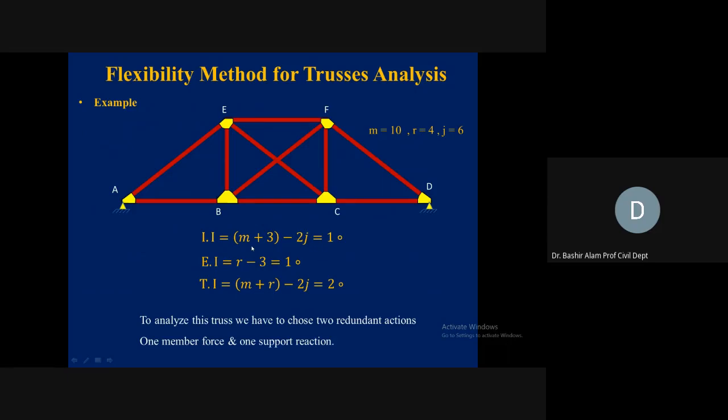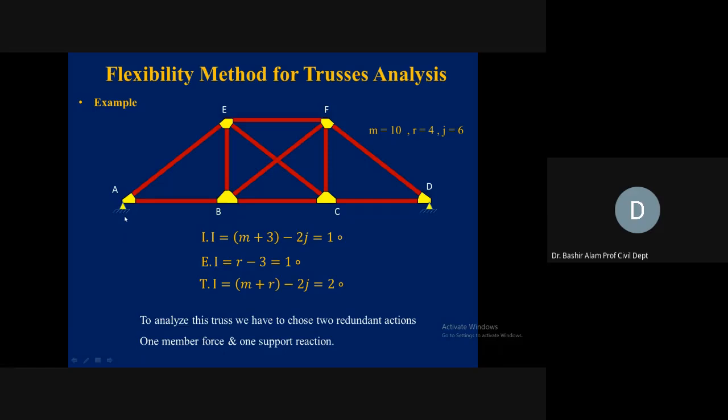We have a truss having the nodes or joints A, B, C, D, E, F. How many members do we have? The bottom chord, if we see 1, 2, and 3, top chord 1, so 4. Then we have these web members, the diagonals and the verticals. So these are 6 now. So 6 plus 4 is equal to 10. M is equal to 10. The number of reactions will come from the supports.